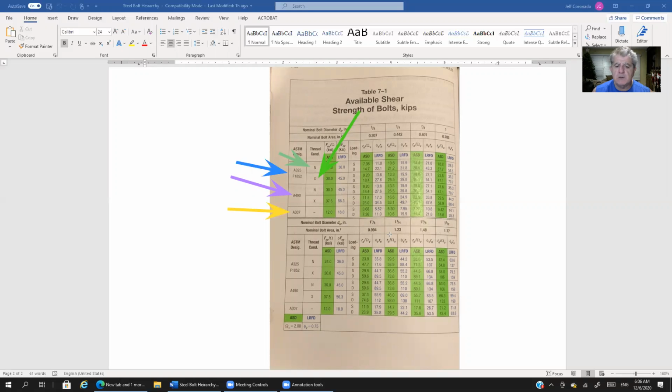But that's a matter for another tutorial. So we would go A325s, and then A490s.